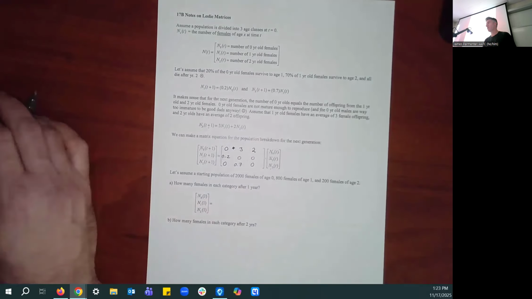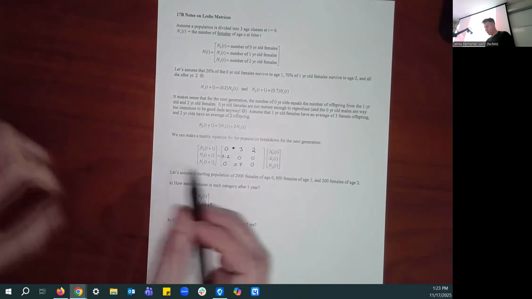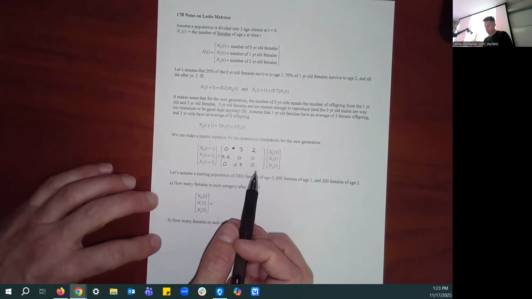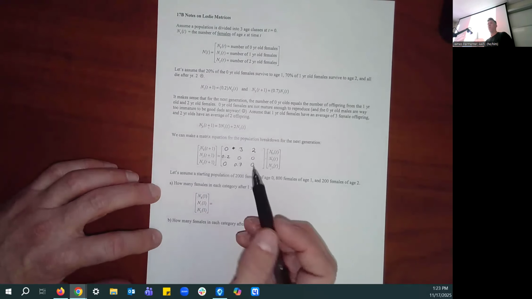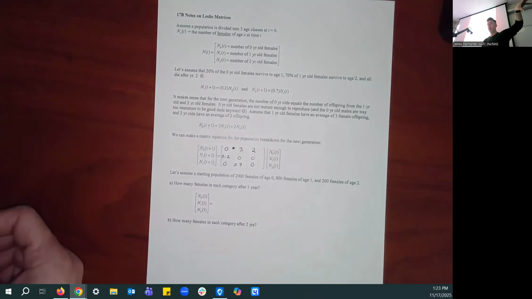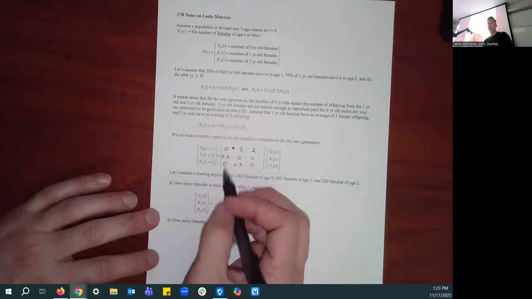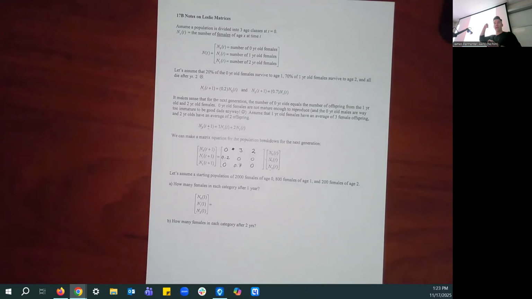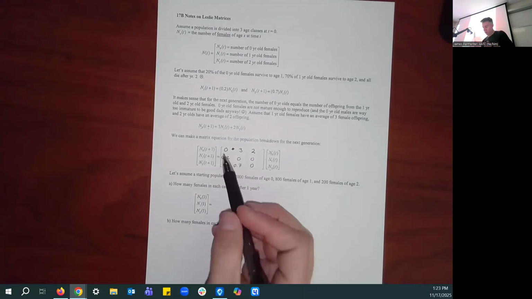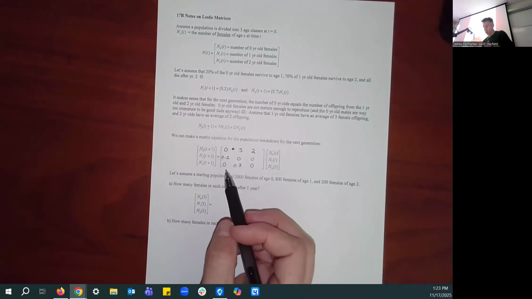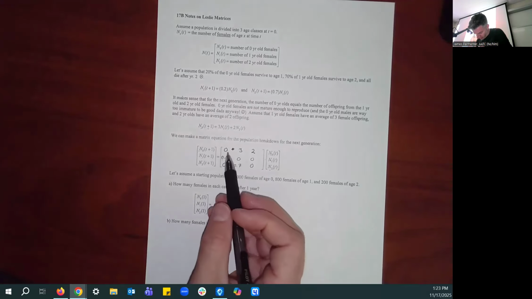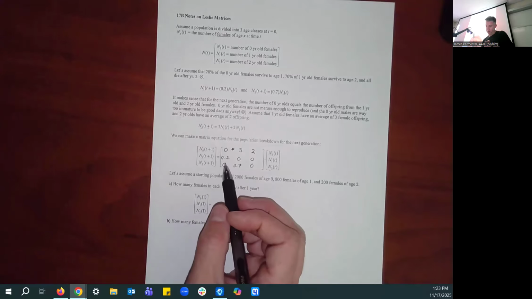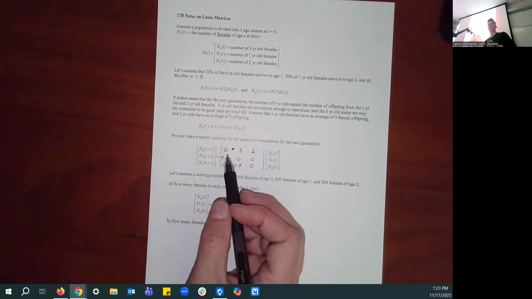So when I'm looking at this Leslie matrix, I'm thinking of the rows as what I'm getting next year, and the columns are what this year is going into that. Let me say this the right way. No, I'm saying it the wrong way. That's the part my brain doesn't do as well, to be honest.